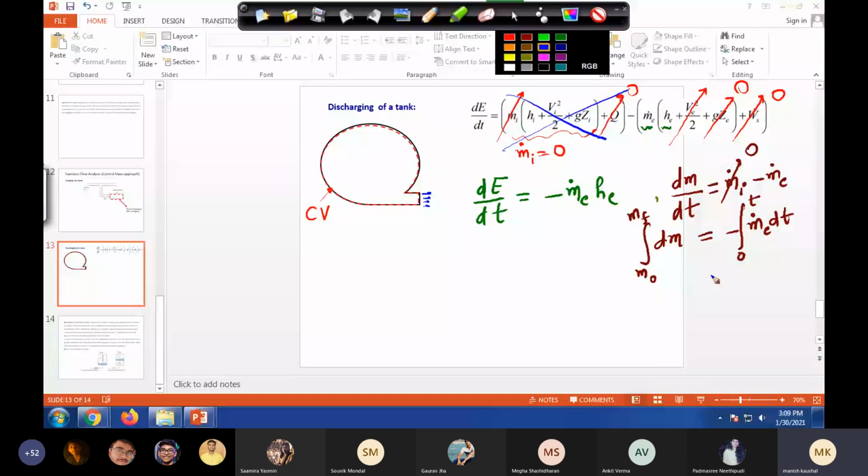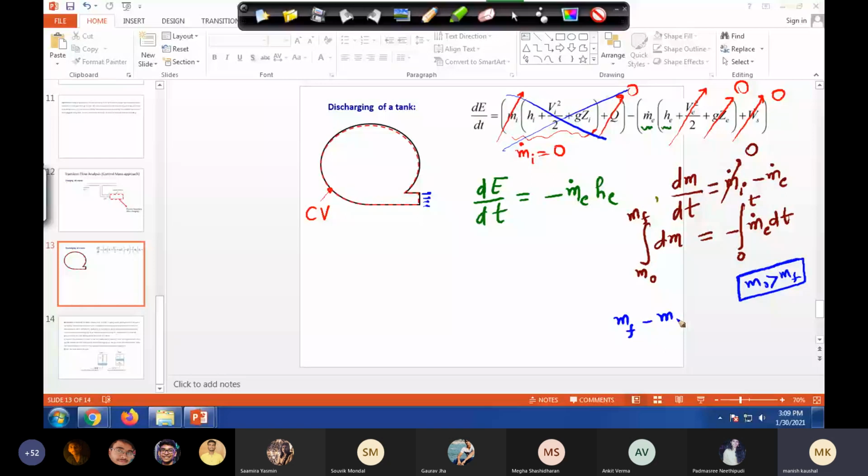Yeah. So just not a very trivial thing, but sometimes we will miss. So m naught is greater than m f this time. So if we take this minus sign to this side, what we'll get is m naught minus m f, right?